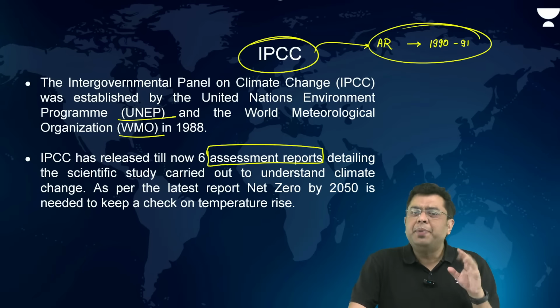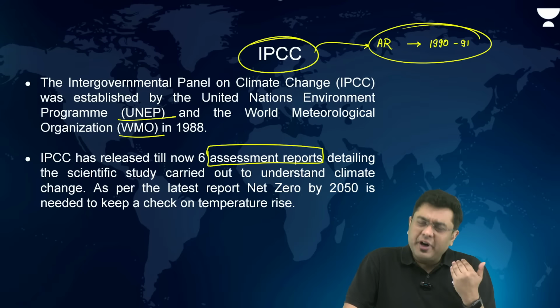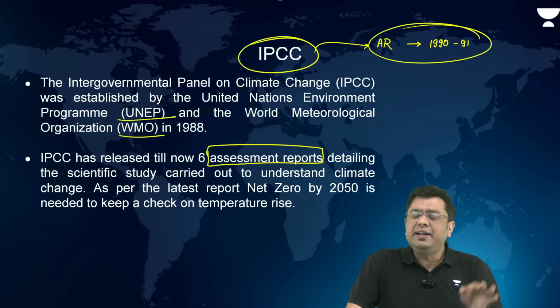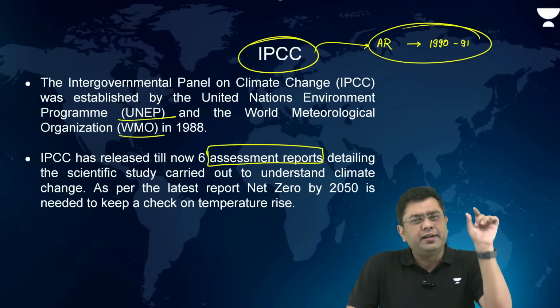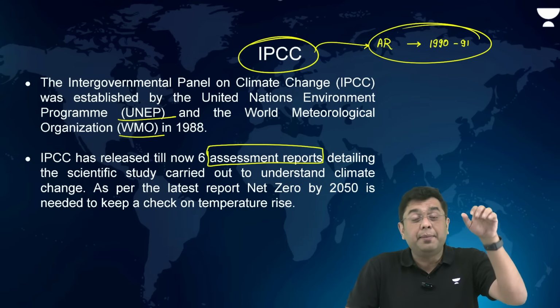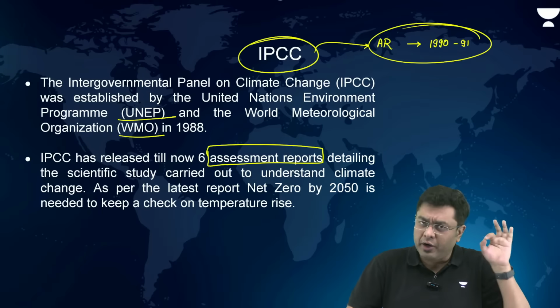So, for example, when we talk about the assessment report generated by the IPCC, the first report is about the condition of the global environment, where all the detailed scientific readings in terms of the heating, the level of temperature rising up, the level of sea rising up, every detailed scientific record is mentioned.